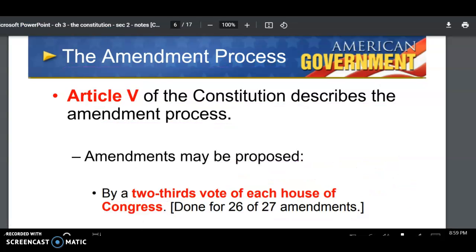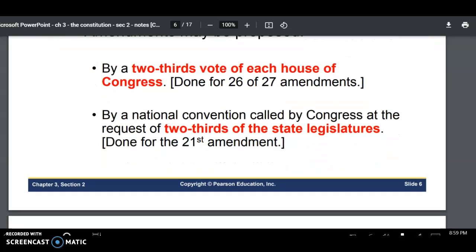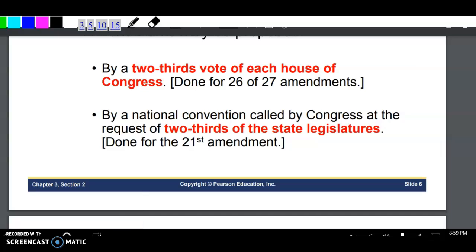The other way that you can propose an amendment to the Constitution is a national convention called by Congress at the request of 2/3 of the state legislators.